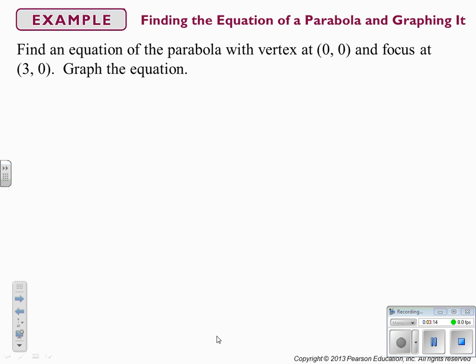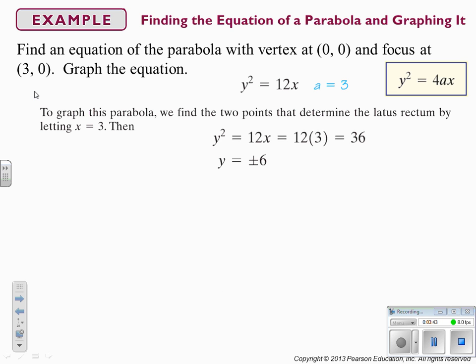Find an equation of a parabola with a vertex at 0, 0 and a focus at 3, 0 and graph the equation. So remembering that y squared equals 4ax, we know that a is equal to 3 because it is the x coordinate of our focus.